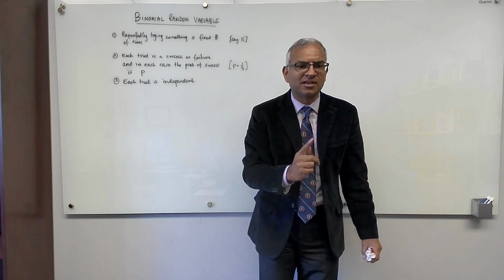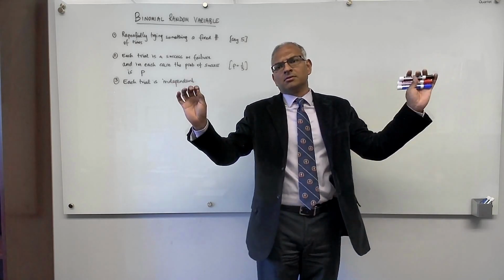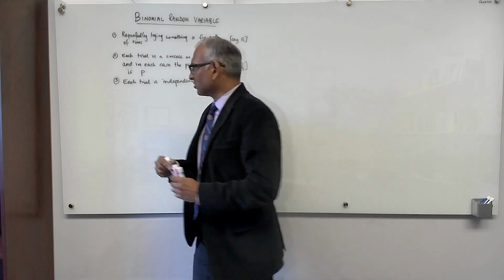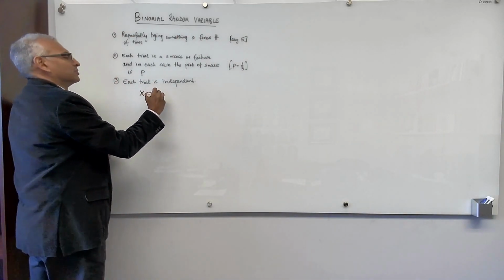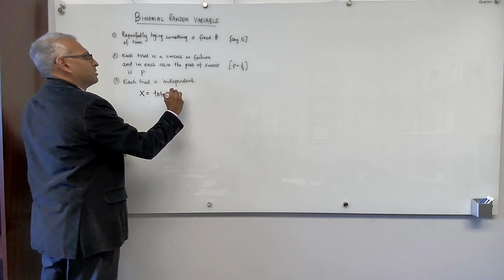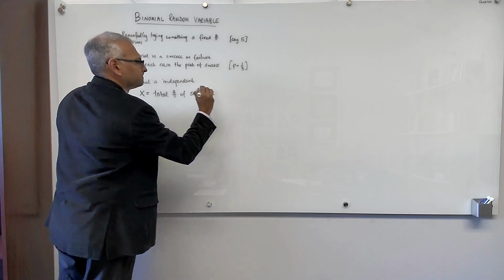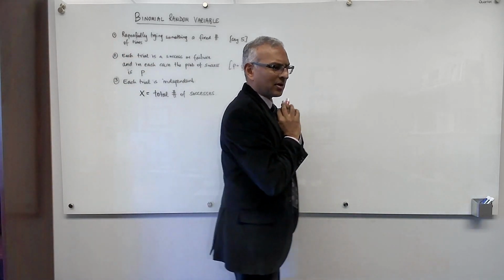And what you are interested in, after you have done all your trials, is how many times did I succeed. So you're interested in the random variable X equal to the total number of successes. You can see how this is very relevant to the real world.